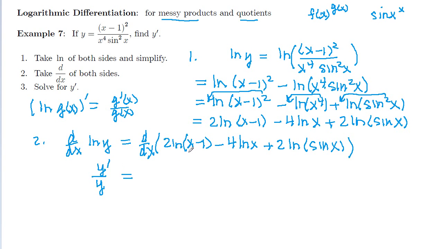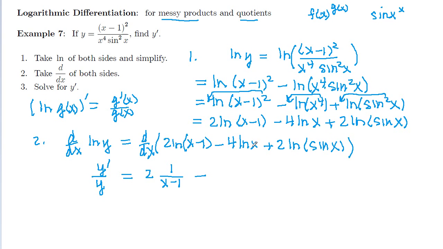And now do the derivative of the right-hand side. For the derivative of 2 ln of x minus 1, the constant we can factor out of the derivative. The derivative of ln of x minus 1 is the log of a function, so the function goes on the bottom, x minus 1, and the derivative on the top, 1.